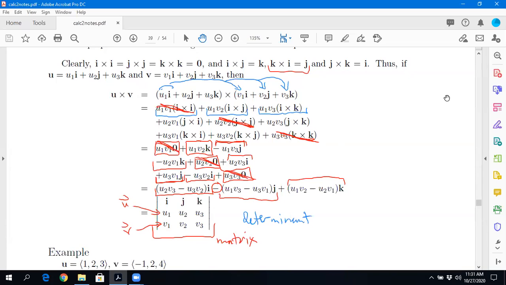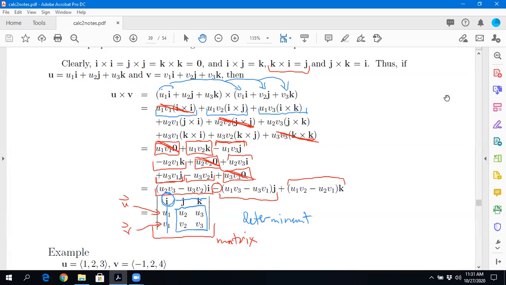And the way you do that is you say, okay, what's going to be attached to I? To figure out what's attached to I, you cross out the column and row that I is in, and you concentrate on what's left, okay? You have U2, U3, and V2, V3.